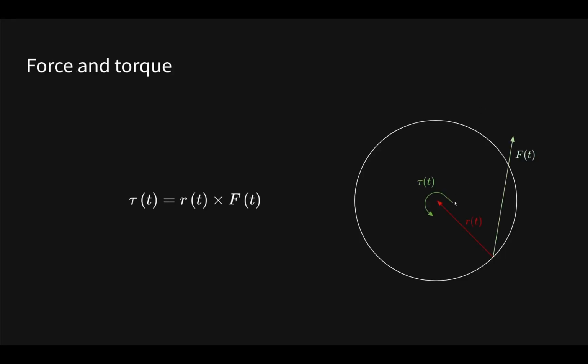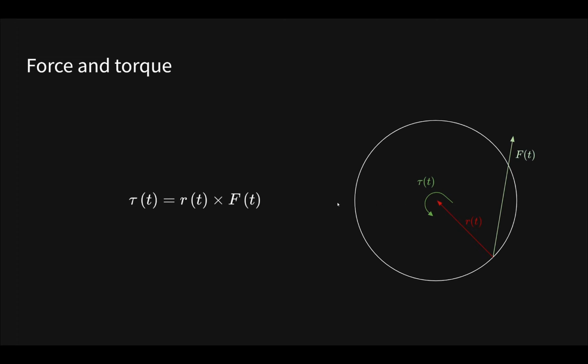All right, so forces and torques. When you apply a force to an object or to a rigid body, it's going to change its velocity, and possibly, depending on where you apply the force, may also change its angular velocity. So each force application corresponds to a resulting torque, which I have denoted as tau of t.